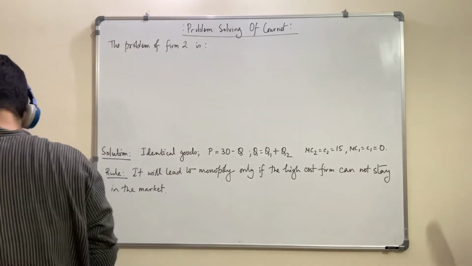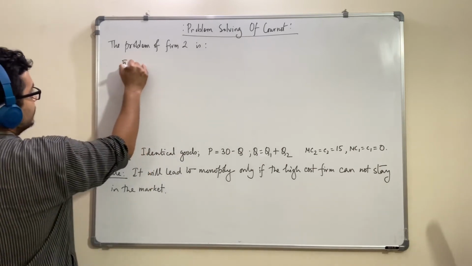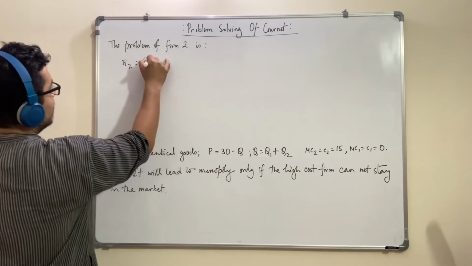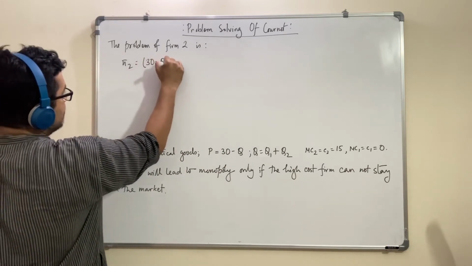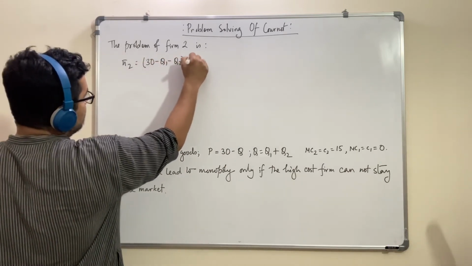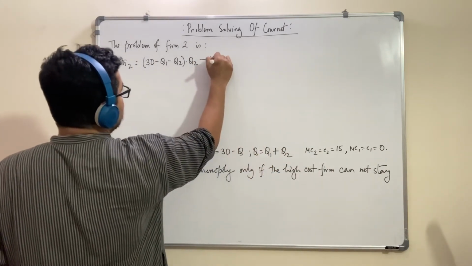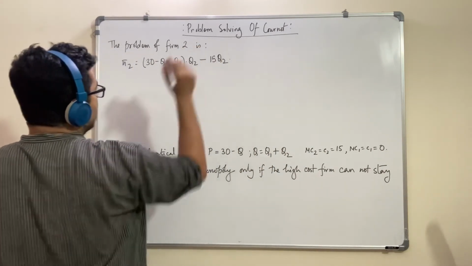Firm 2 is, so pi 2 is equal to price, that is 30 minus Q1 minus Q2, into Q2 minus 15 Q2. Okay.